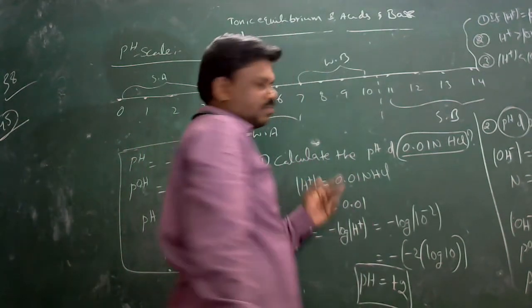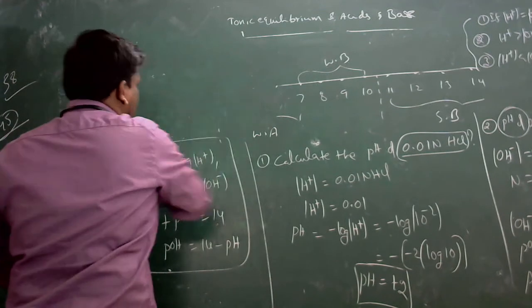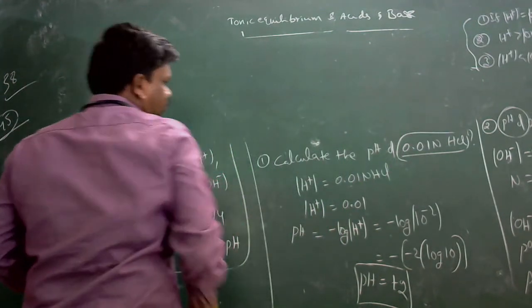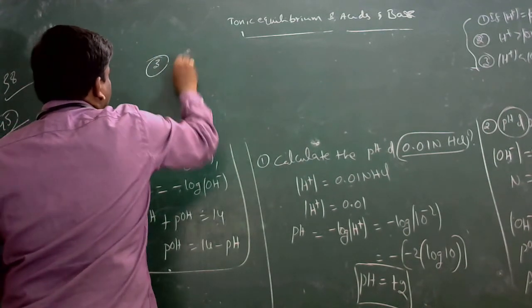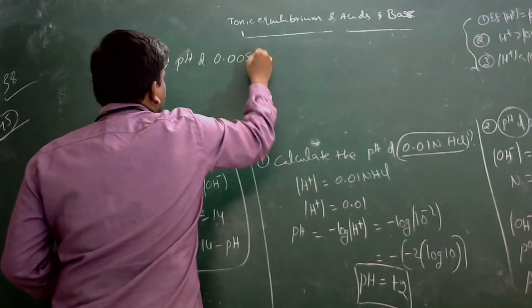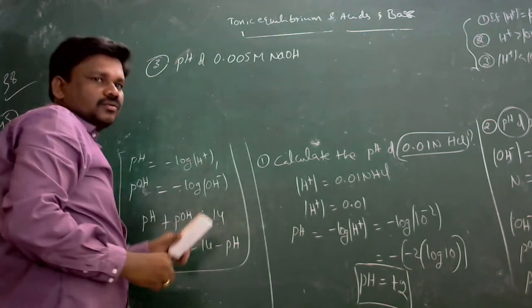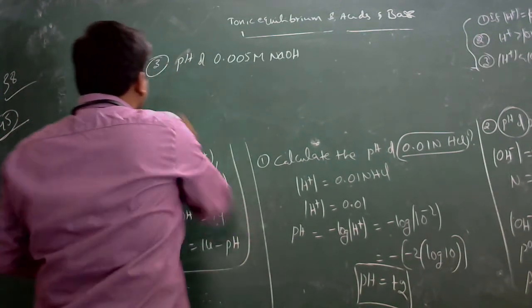You calculate the pH and pOH. Some examples for pH and pOH problems. Calculate the pH of 0.005 molar NaOH, and calculate the pH value.